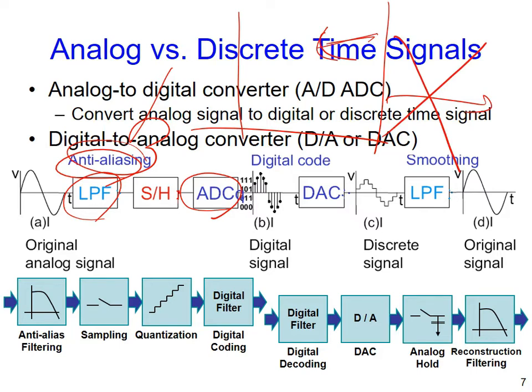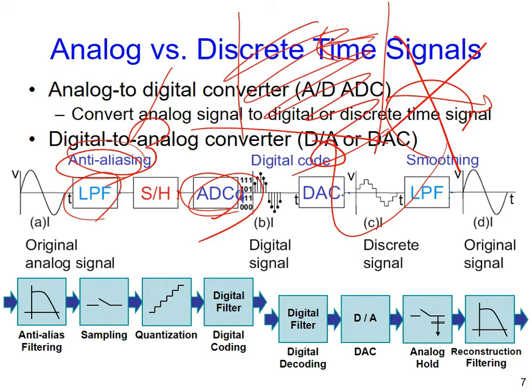Otherwise, all those beyond the capability of the ADC will be fed back to hurt what the ADC can handle. That is really bad. You can handle part of it, and all those you cannot handle will be fed back to hurt yourself. So we need to remove all those the ADC cannot handle. That is the fundamental idea for anti-aliasing.